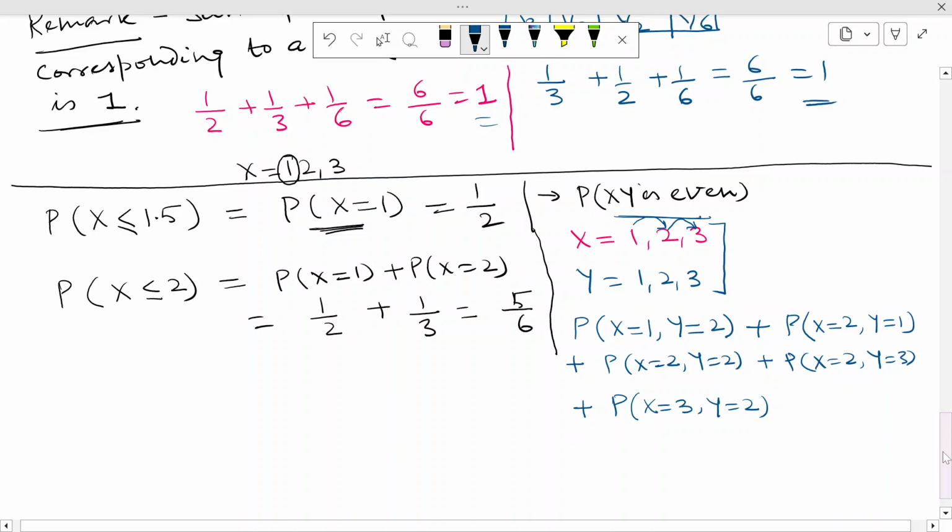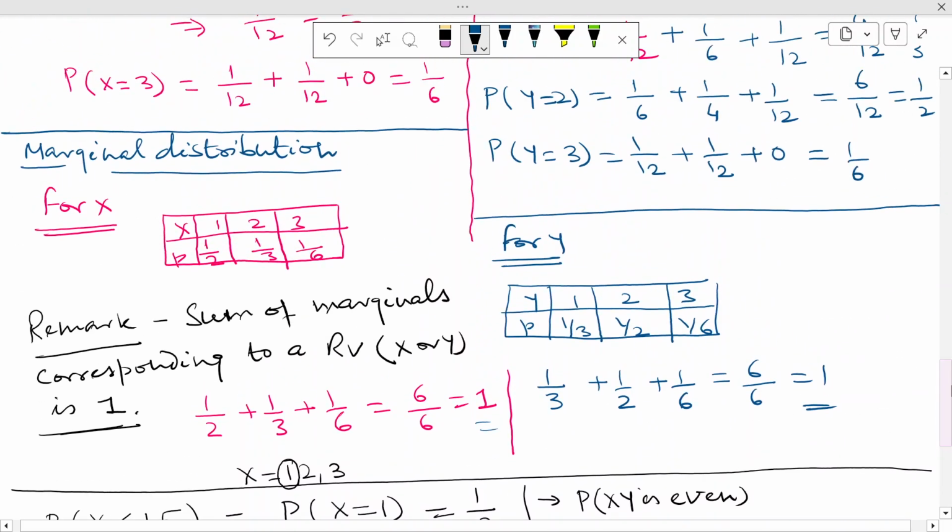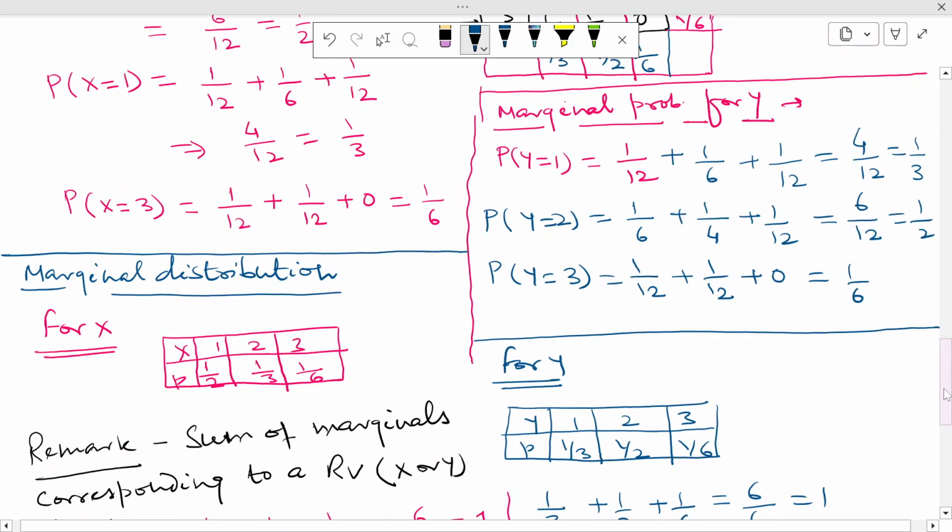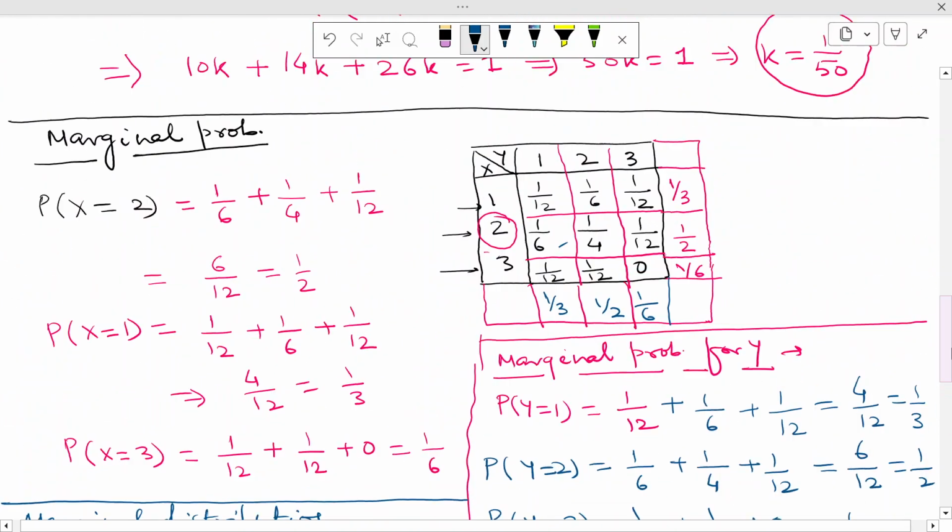These probabilities are available in our table. You can check that for x equals 2 and y equals 1, the probability is 1 by 6. For x equals 2, y equals 2, the probability is 1 by 4. Similarly for x equals 2, y equals 3.